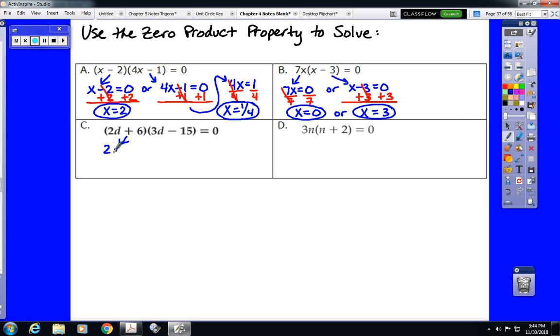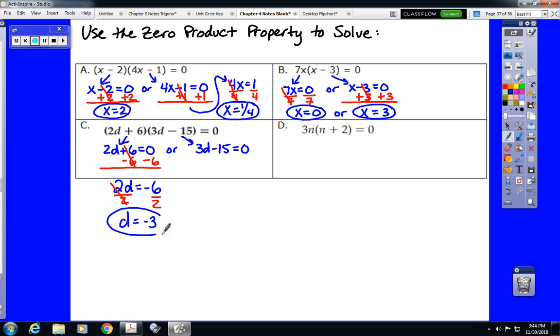Same thing down here, 2d plus 6 equals 0, or 3d minus 15 equals 0. So we're going to solve each of those equations. They're each a two-step equation. So on the first equation, I would subtract 6 from each side, which would give me 2d equals negative 6. And then I would divide each side by 2, which would give me d equals negative 3 for my first solution.